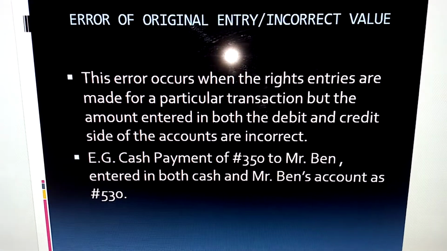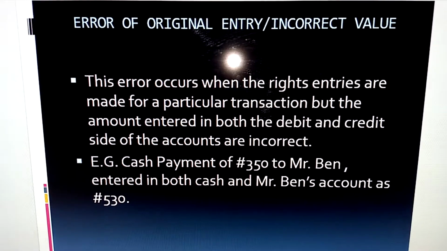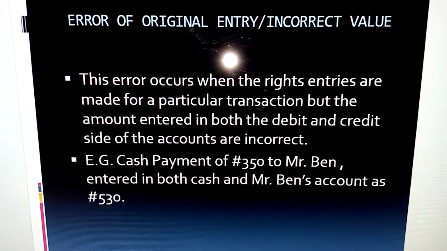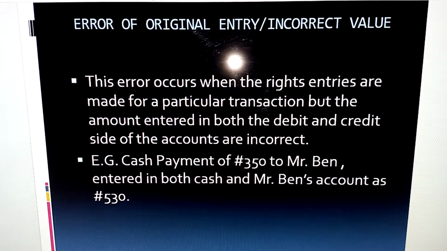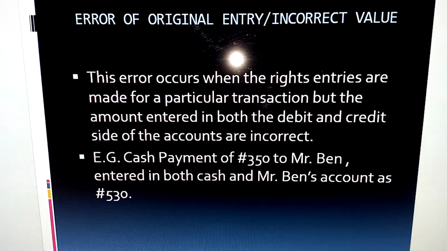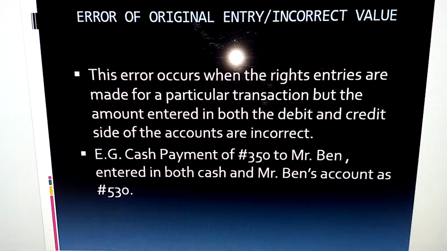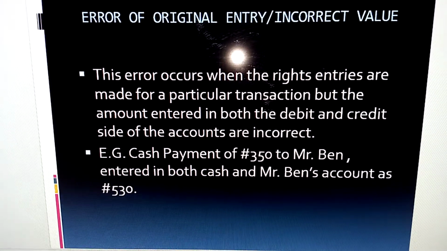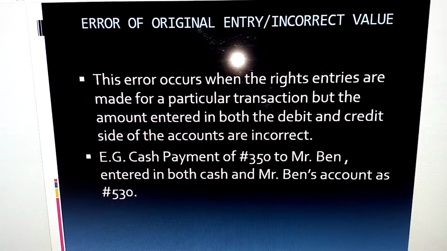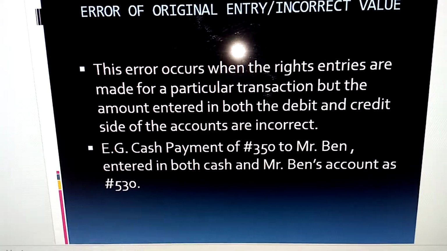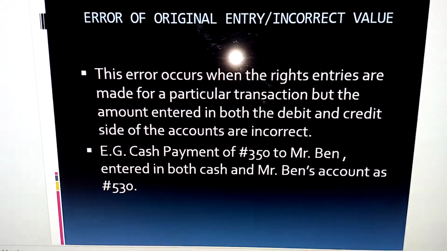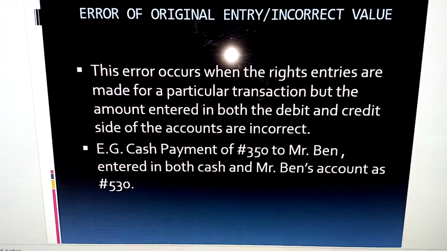The next one here is error of original entry or incorrect value. What it means is that in the transaction, the right entries were made in the right account, but the wrong value was used. Take for instance, cash payment to Mr. Ben, $350.